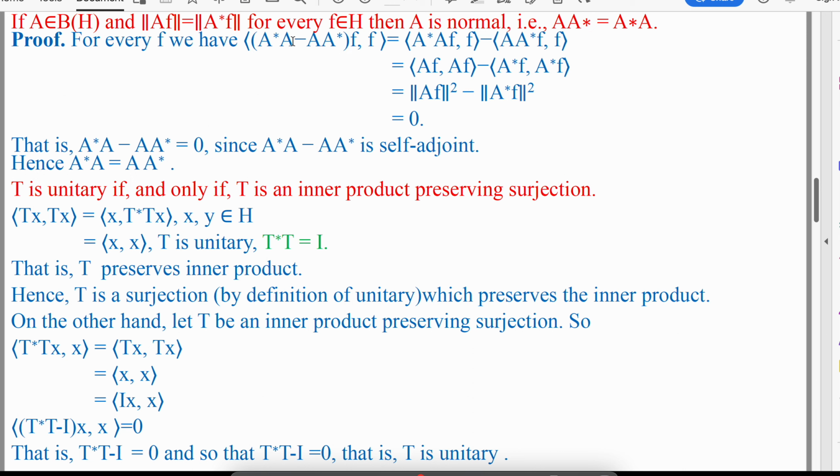This is possible only if this operator is equal to 0 operator. Means A star A minus A A star is equal to 0 operator, and it means A star A is equal to A A star. You can shift this to this side. It means A is normal.